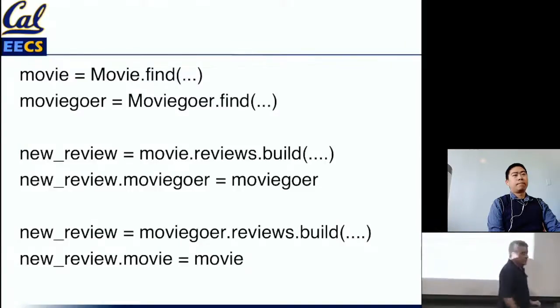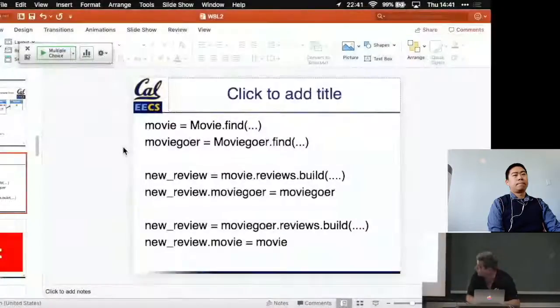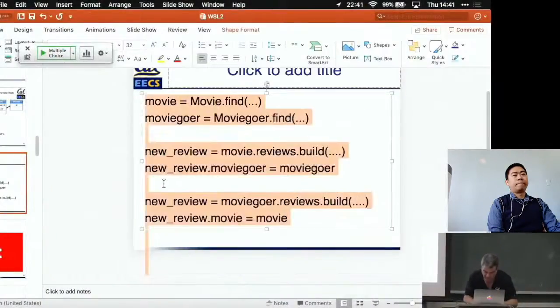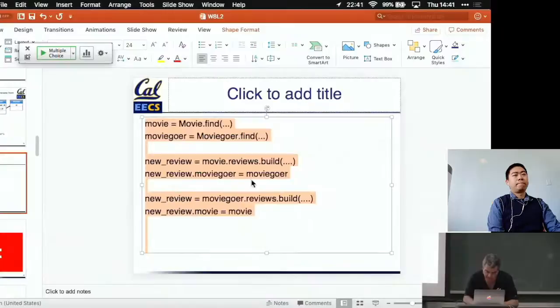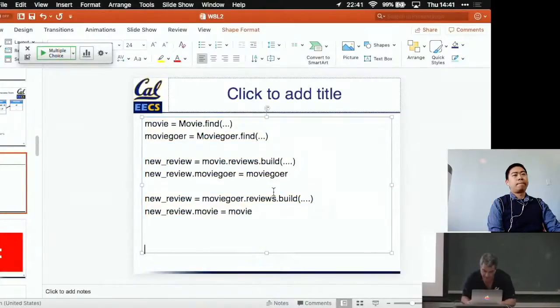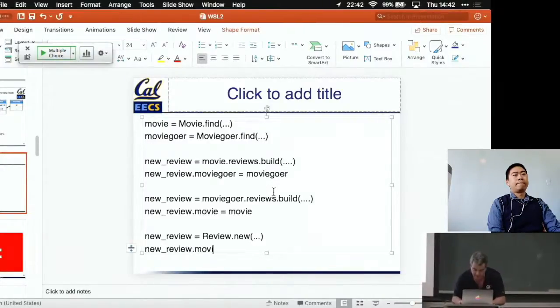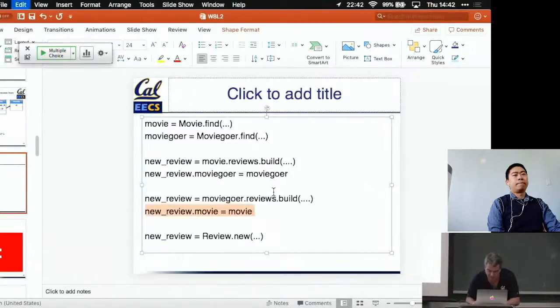Or I could even do, let me mirror, and I'll live code just one more thing. Make this a little smaller. I have another choice, which is that I can just create a blank, a new review with whatever parameters I wanted. Oh, here, we'll use the magic of copy-paste.